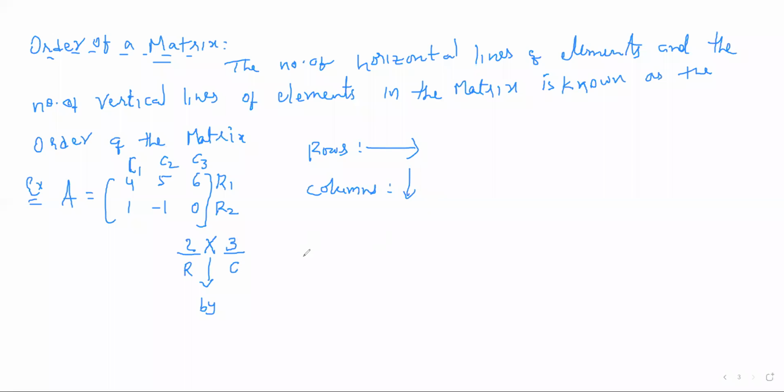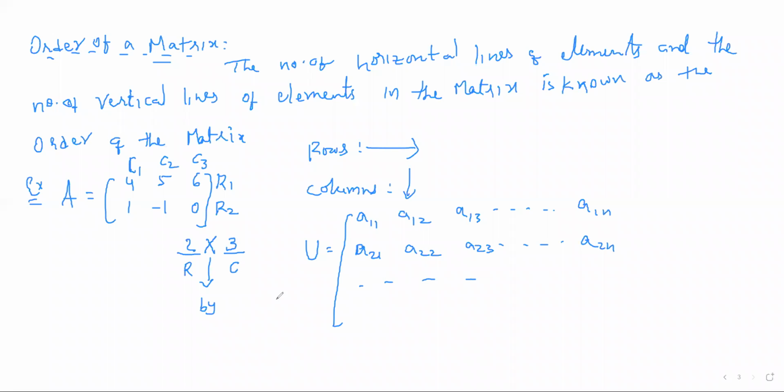For example, capital U is equal to A11, A12, A13, and so on, A1n. Next, A21, A22, A23, and so on, A2n.